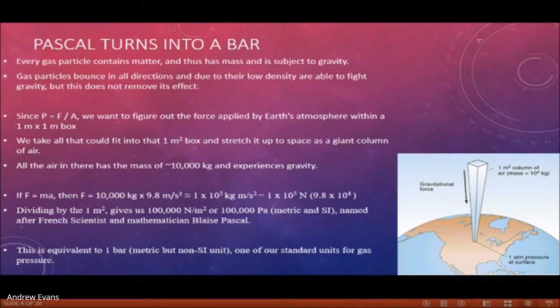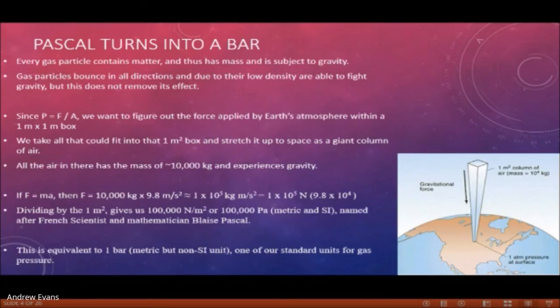Now, a Newton per meter squared is our Pascal, and 100,000 is the standard atmospheric pressure on Earth. Now, 100,000 is not a convenient unit, so we've found a convenient exchange: 100,000 pascals being equivalent to 1 bar.